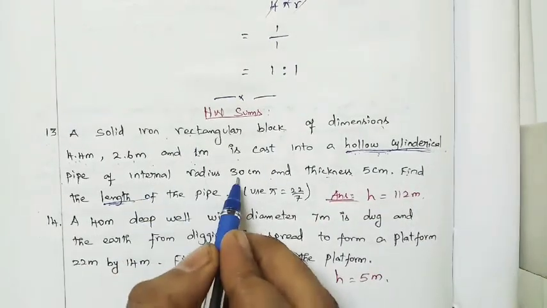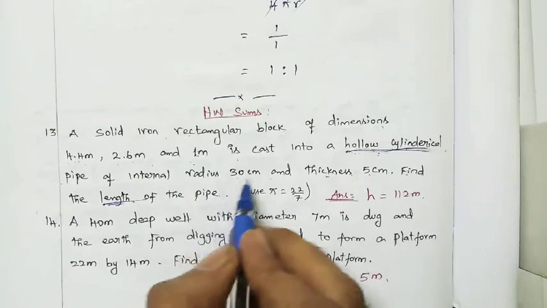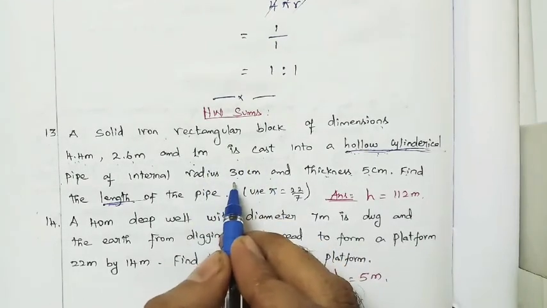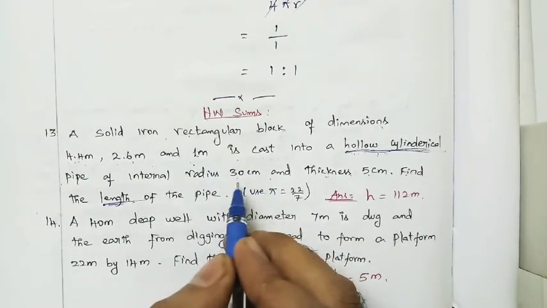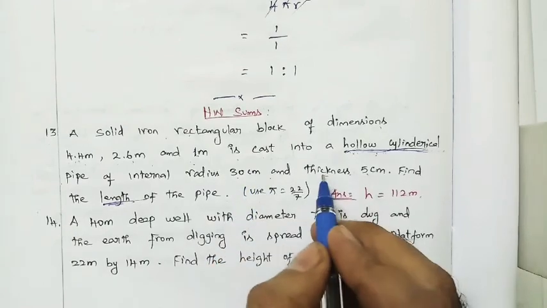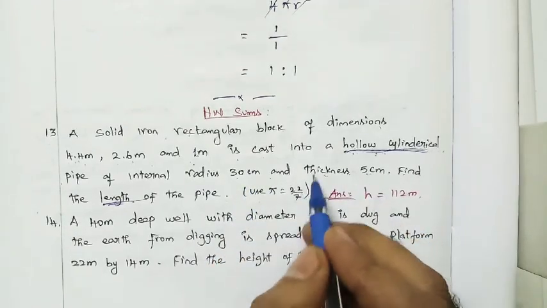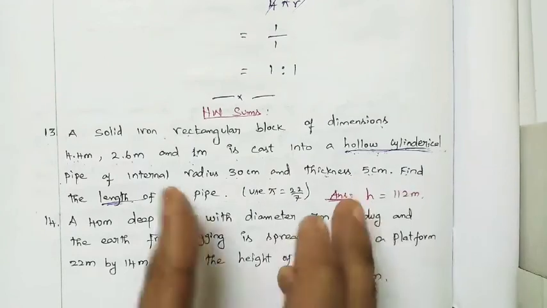Internal radius 30 centimeter and thickness 5 centimeter. So internal radius is nothing but the smaller radius, 30 centimeter. Thickness is nothing but width, 5 centimeter. So capital R is equal to 30 plus 5, 35 centimeter, right?